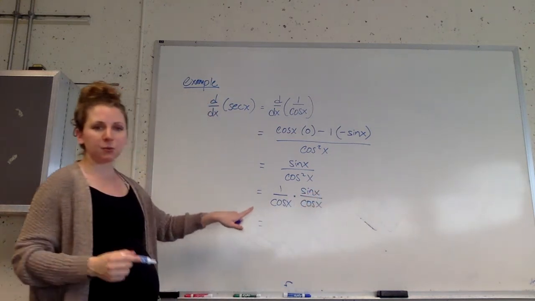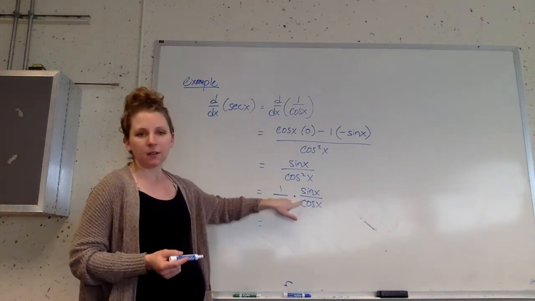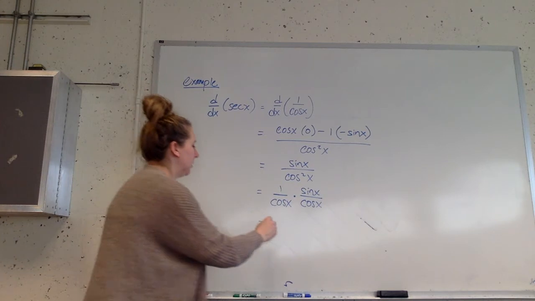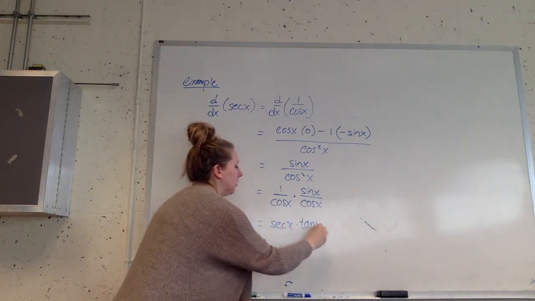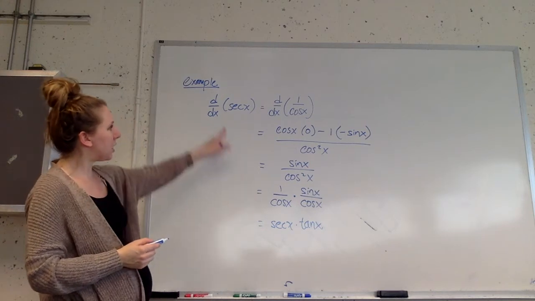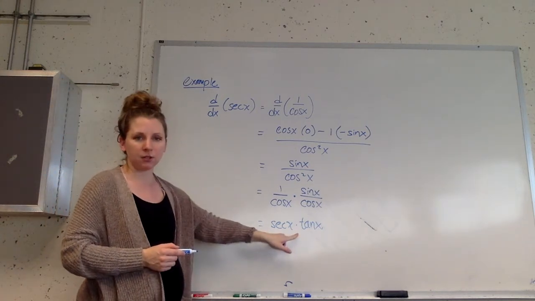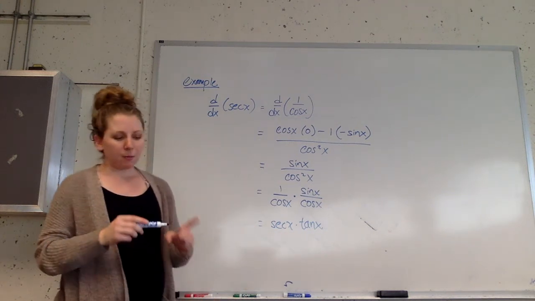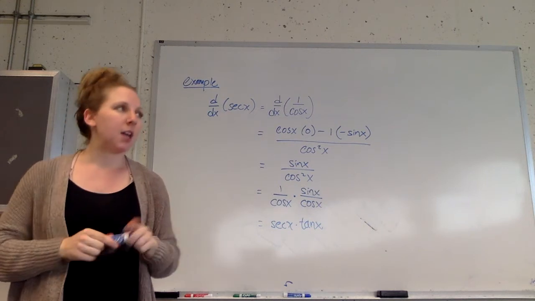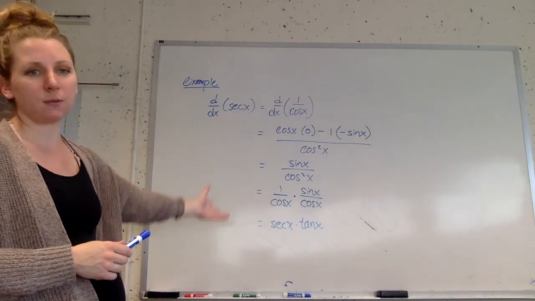And again, using some trig identities, 1 over cosine is secant, like we said. Sine over cosine is tangent. And so here we've shown that the derivative of secant is equal to secant times tangent. So at the very least, if you don't want to memorize all of them, you can always memorize sine and cosine and their derivatives, and then you can derive the rest from there.